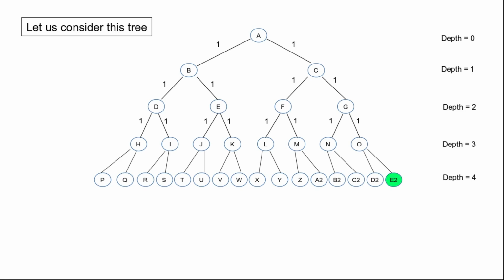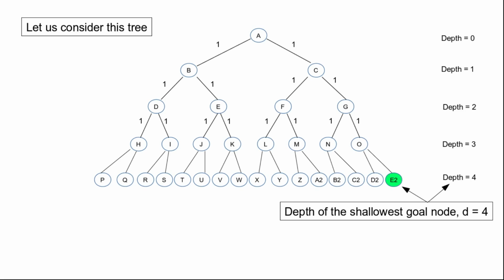Now let us consider this state space, which is in the form of a tree, and in this tree the depth of the shallowest goal node is 4. The goal node is E2 and it is present at a depth of 4, so small d will be equal to 4 because we have only one goal state here. So this is the shallowest goal node.